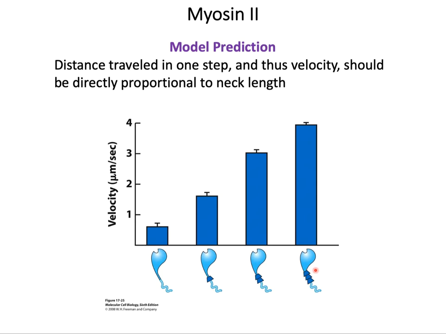And the velocities, or the rate at which these myosins move down the actin filament, were measured. As it turns out, there is a direct correlation between the neck length and the velocity, in microns per second. So this hypothesis is supported by this data.